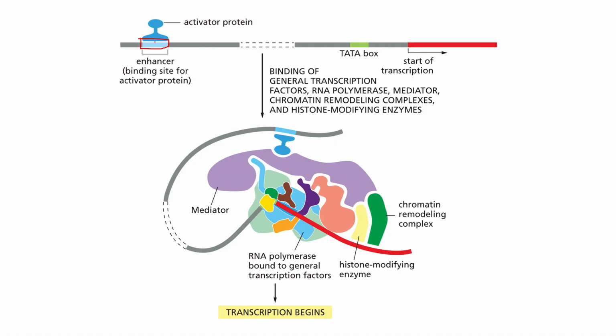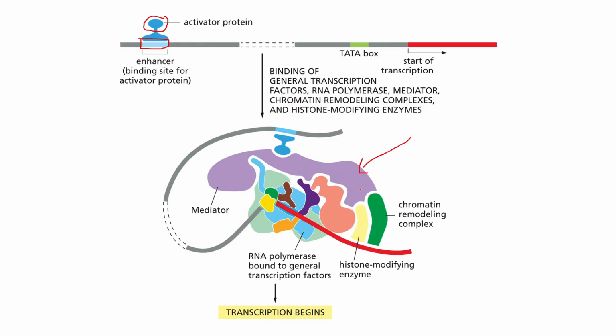And it's going to bind here. Now, this activator protein will have a very specific conformation. Reason being is because we're going to have a new enzyme come in called a mediator enzyme, okay? And it's going to bind itself to the overall complex of your transcription factor.